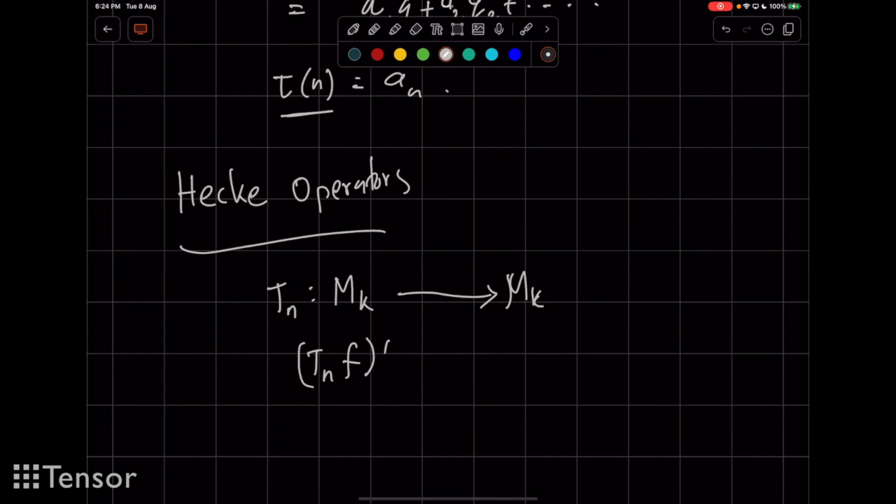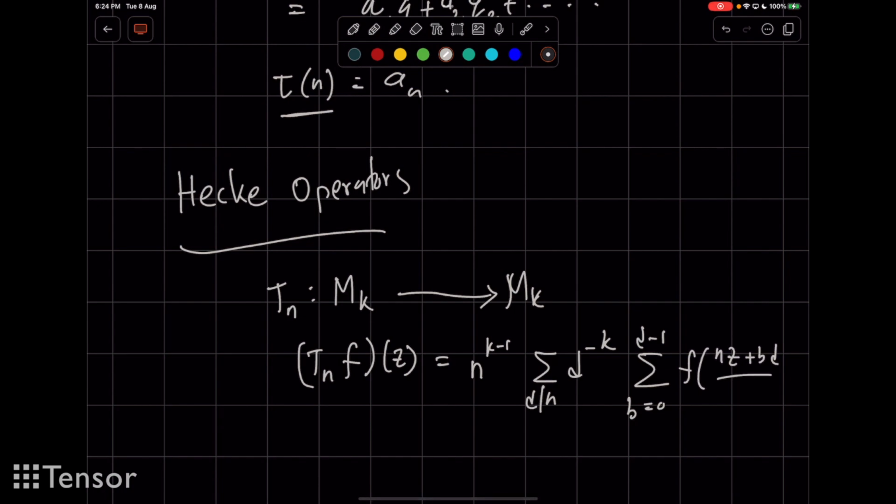We are going to define that function by its inputs. It is n to the k minus 1 times the sum over d to the minus k, where d runs over the divisors of n, of the sum over b equals 0 to d minus 1 of f of (nz plus bd) over d squared.